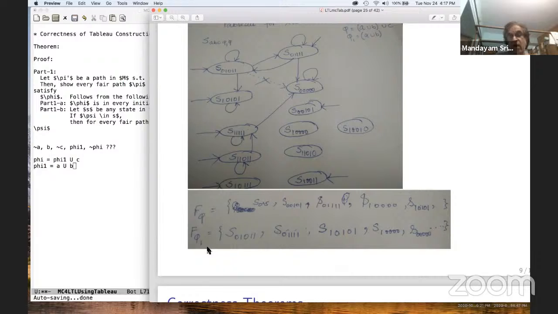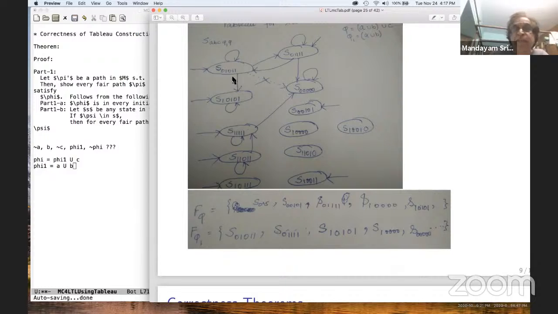Both have to be present there, and that's why the fact that both constraints have to hold good will ensure that both these formulas, if they exist in their positive form in a particular state, will end up preserving the liveness constraint through the fair paths. So one thing I want to emphasize, it's only the fair paths.